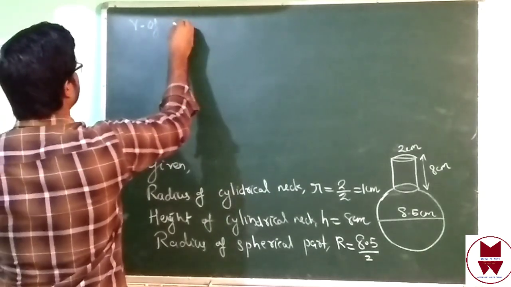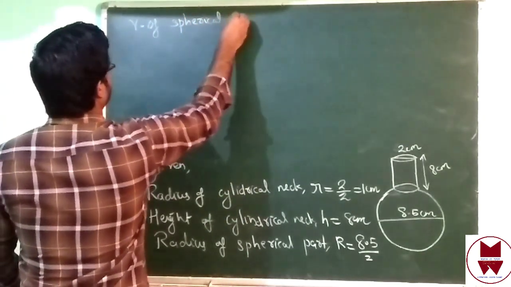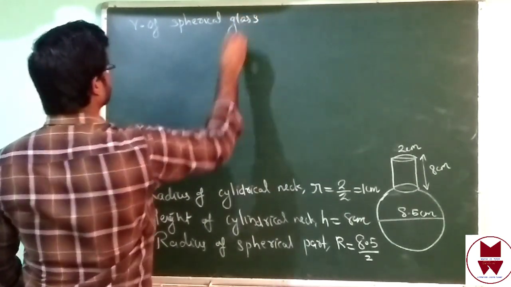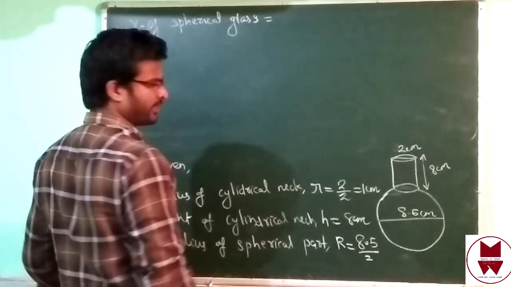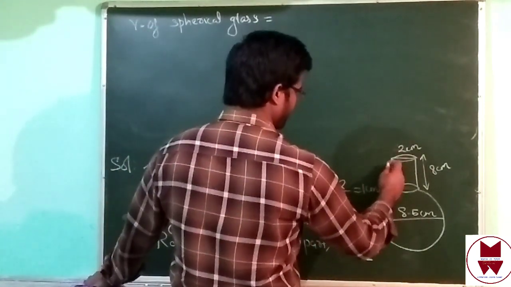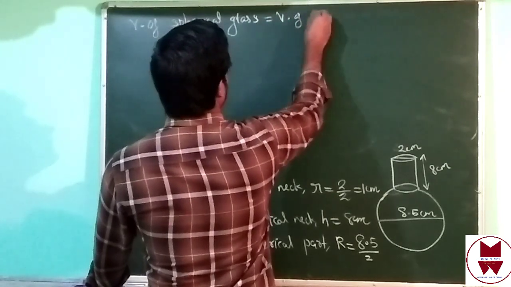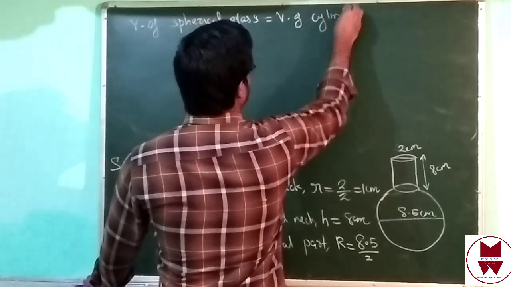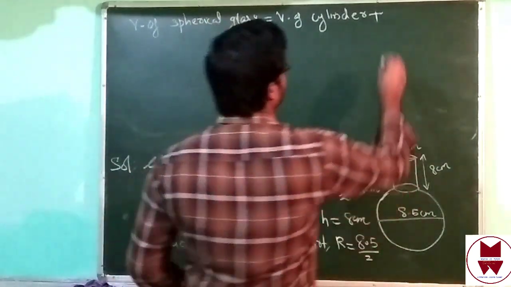Volume of spherical glass equal to, how can we find out volume? First we will find out volume of this neck, that is cylinder. Volume of cylinder plus volume of sphere.